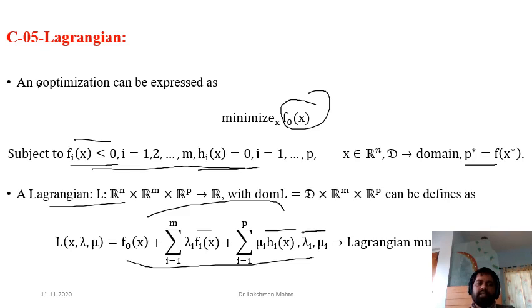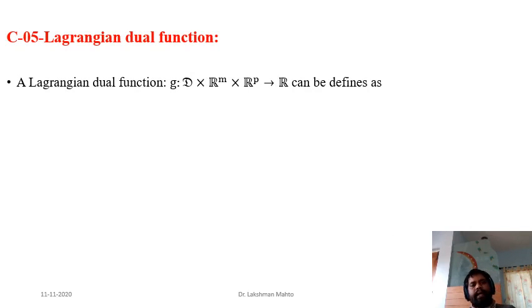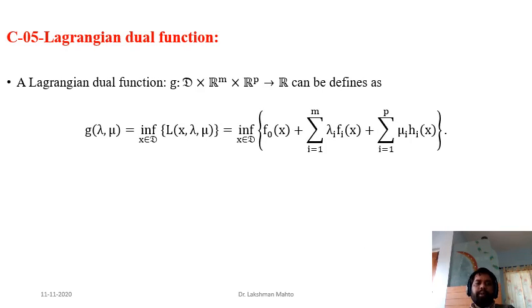Now we are going to discuss the Lagrange duality, or Lagrange dual function. So the Lagrange dual function g we define as the minimum of the Lagrangian over the primal decision variable x. Remember that here the Lagrangian has three different types of variable.